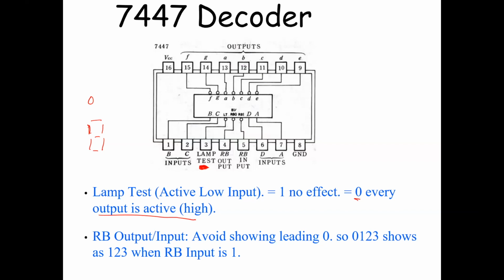RBO is the ripple blanking output, to avoid showing a leading 0. RB is used so that, with numbers like 0, 1, 2, 3, you don't show the leading 0 because it has no meaning. So by setting the RB input high, you will avoid it from showing the leading 0.